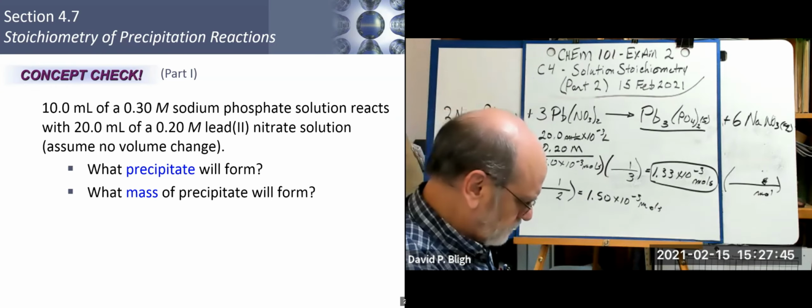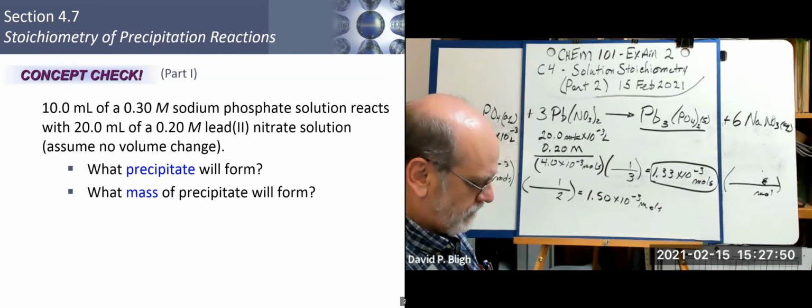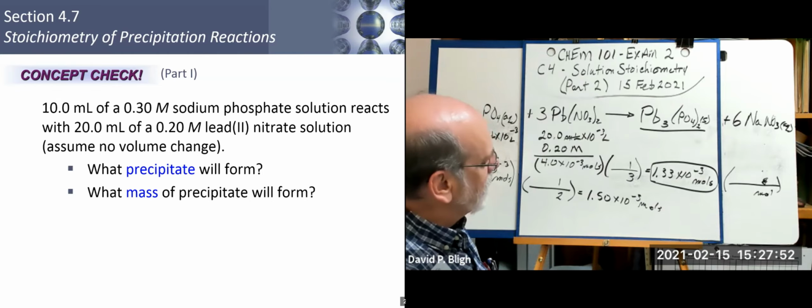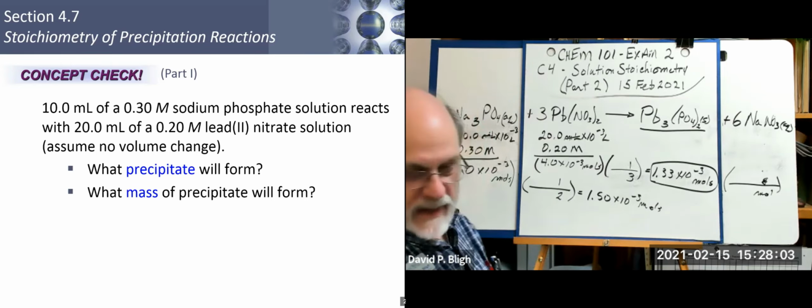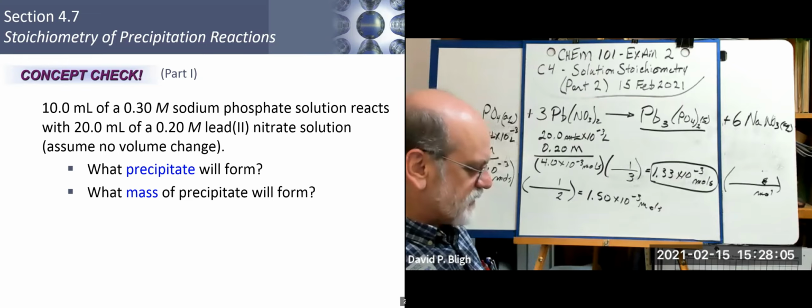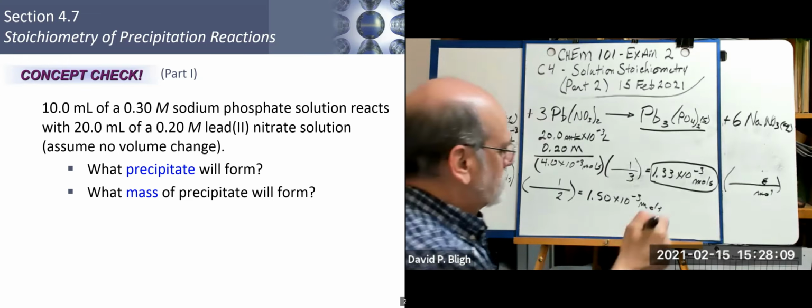I'm just checking myself. 30.97. And then 8 times 16. That's better. I must have hit the wrong button earlier. This is 811.54.